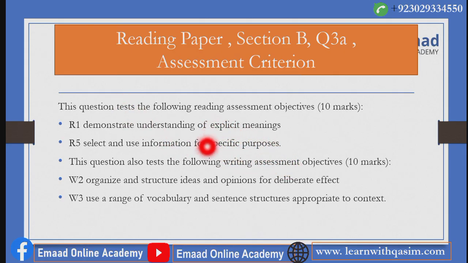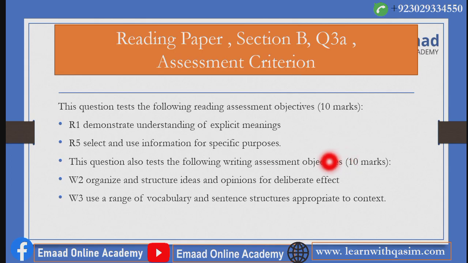So these two abilities of your reading skill, that is how well you use given information for a purpose, and the purpose here in this question is to write the summary, to summarize. So when you are given any information, how do you use it for a specific purpose, and how much do you understand the explicit meaning? This will be analyzed in your answer for 10 marks.